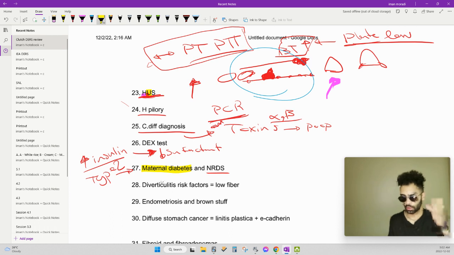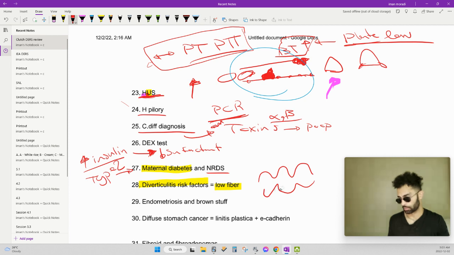Random point upcoming next is that diverticulitis, the risk factor for it is low fiber. Remember that the first reason we even have diverticula is because of how the large intestine looks. The reason it looks like this is because parts of it keep contracting, right? When you have low fiber, feces tend to be harder.